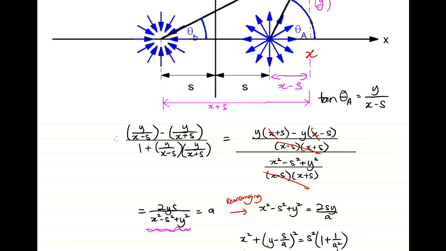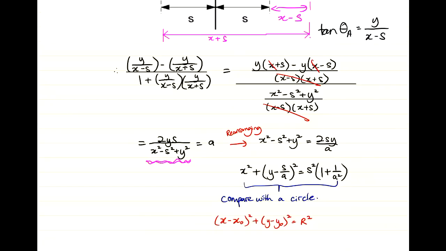Okay. And that's just equal to tangent of theta a minus theta b, right? Okay. So all I'm doing is just substituting this into tangent of theta a minus theta b. Okay? Everyone following? Yep. Good.